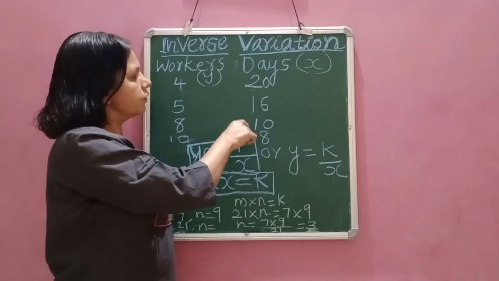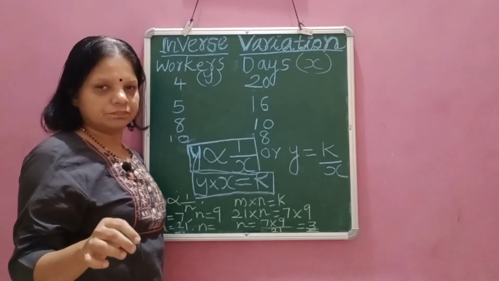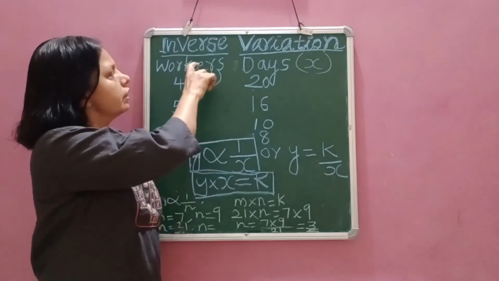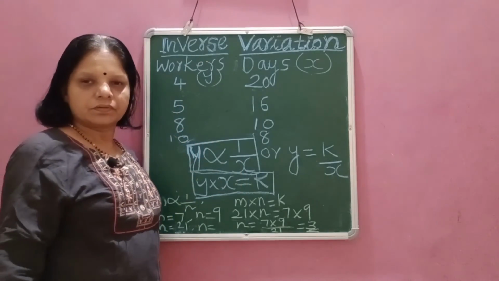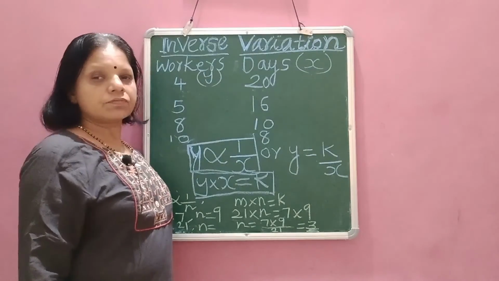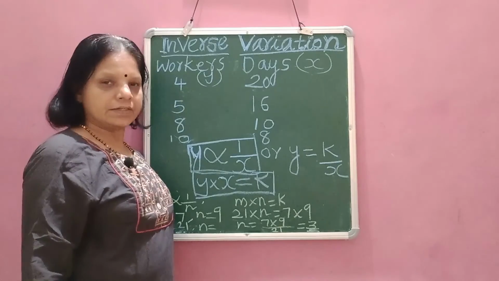Clear? And direct variation, how to check? Find the ratio, if it is the same. Inverse variation, find the product, if it is the same. Then they are in inverse variation. These are the main types of variation. More are there that you will be learning later.